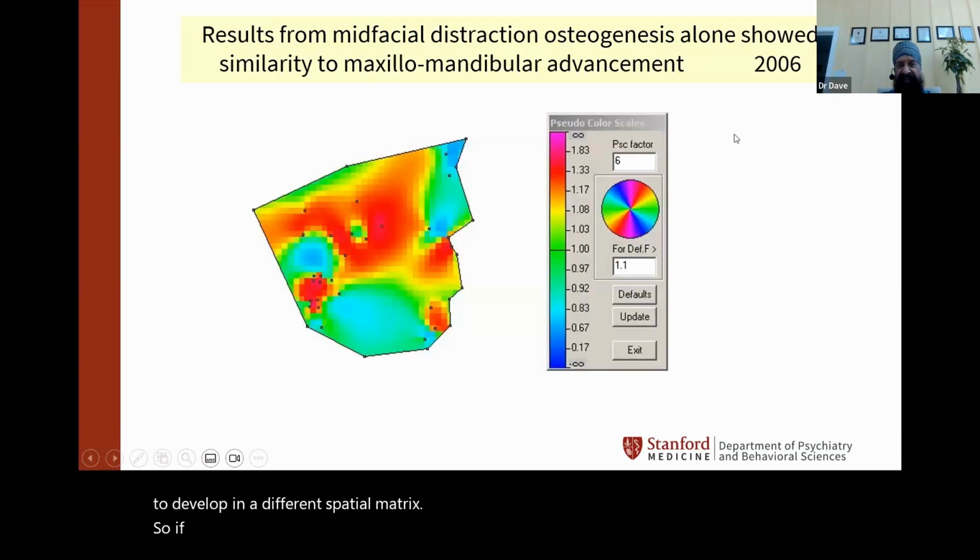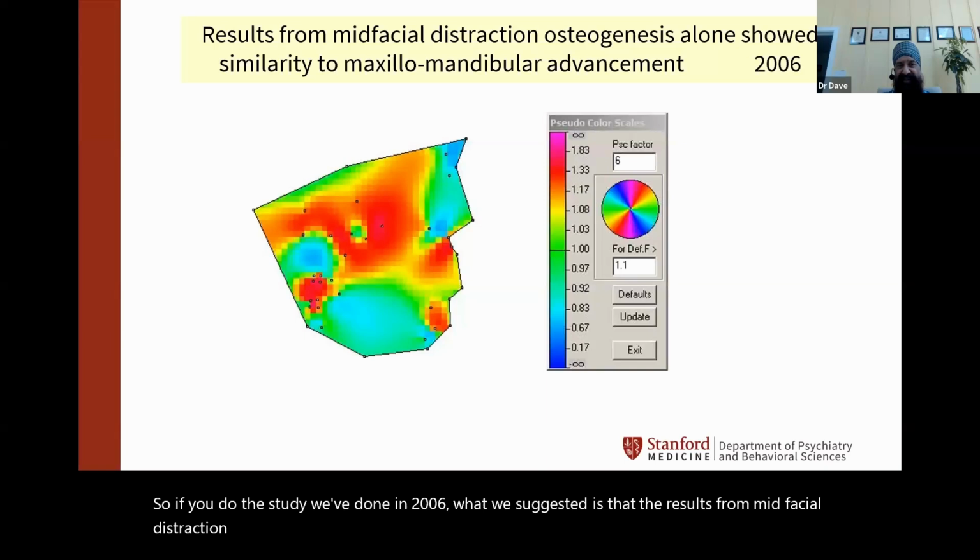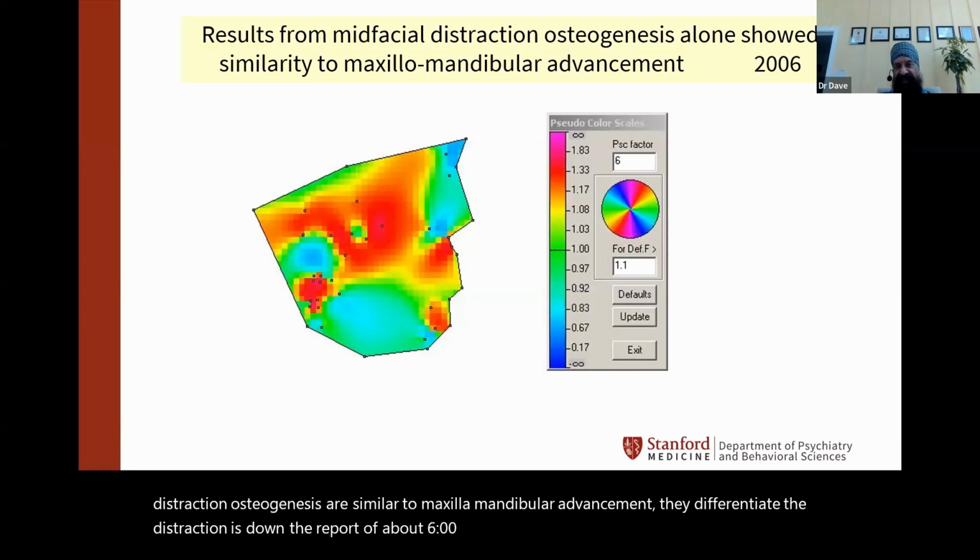So the study was done in 2006. What we suggested is that the results from midfacial distraction osteogenesis are similar to maxillomandibular advancement. The difference is that the distraction is done over a period of about 6 weeks, as opposed to a single-step maxillomandibular advancement.